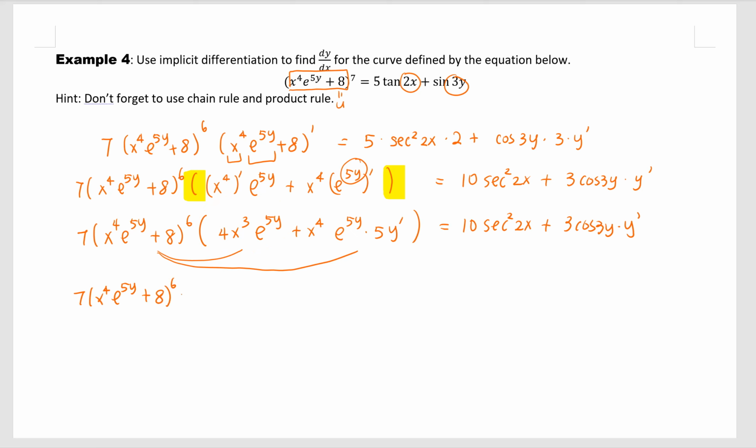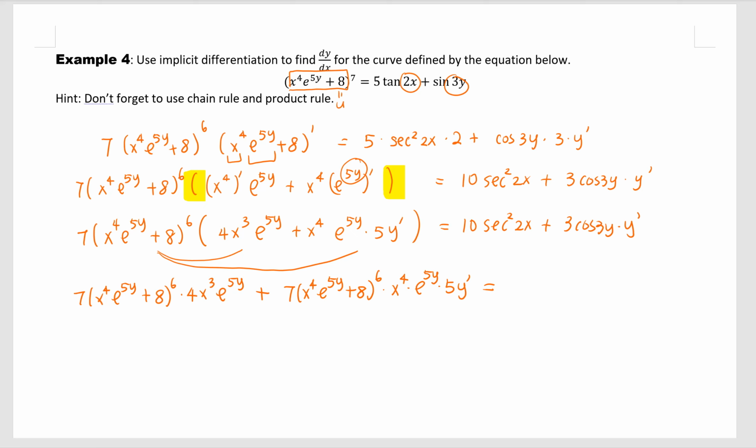So copy down here 4x cubed e to the 5y, plus this guy times this guy, which is 7x to the fourth e to the 5y plus 8x to the 6 times x to the fourth e to the 5y times 5y prime.